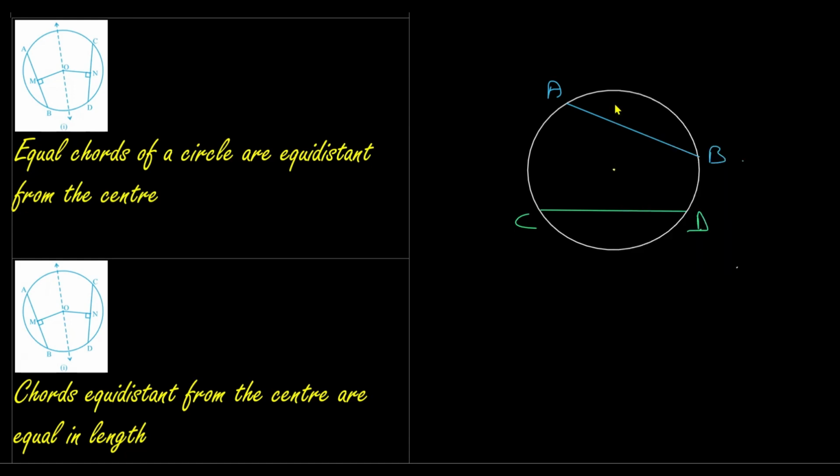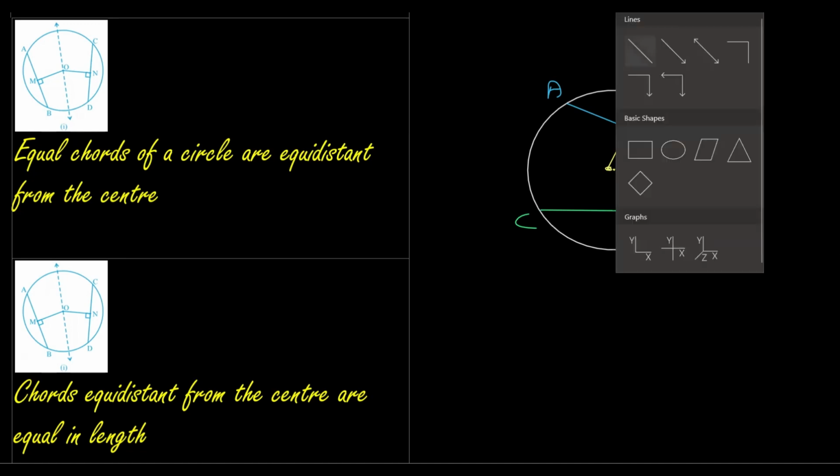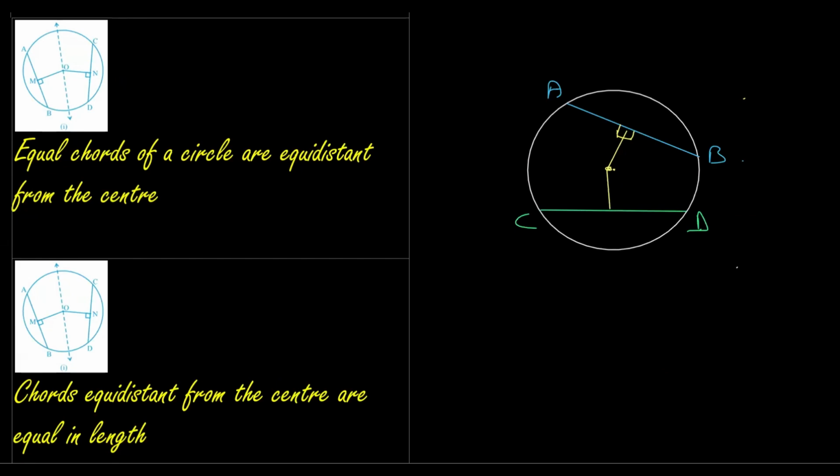By distance, you should remember that the distance of a line from a point by default is perpendicular. So this is OM, this is ON. If you are given AB equals CD, using this property we can say that OM equals ON.